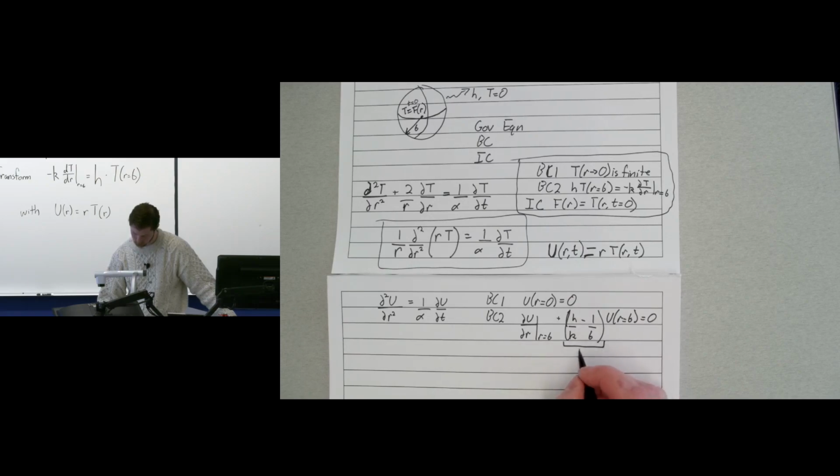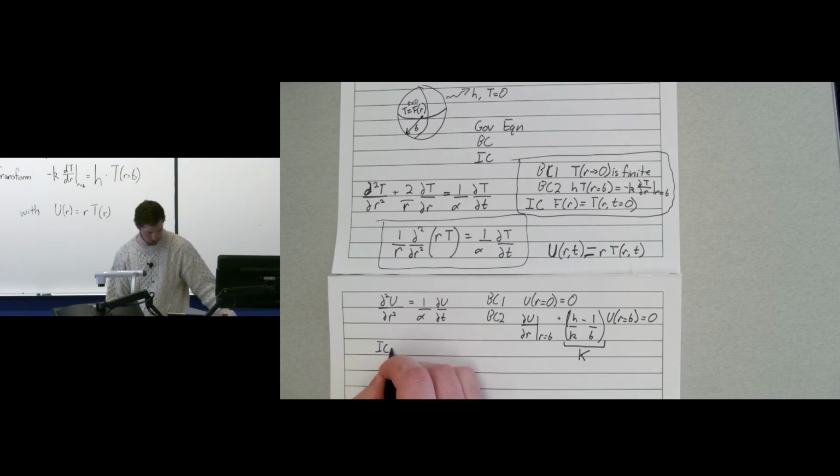I'm going to shorten this and just call this capital K. And then our initial condition is u of time equals 0 equals r times f of r.